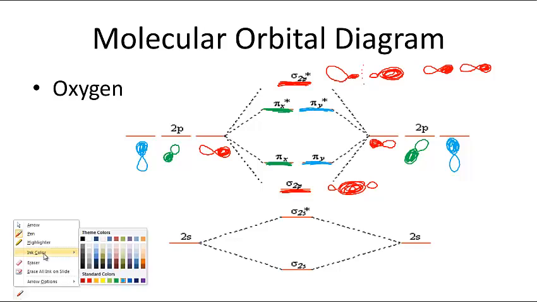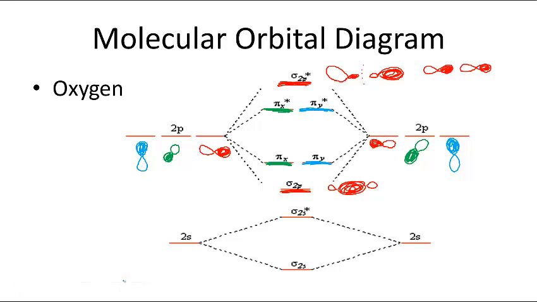So if I just draw what the pi bonding orbital would look like, I'll draw this one. It would look kind of like that, where my two nuclei are here and here. And the way I drew it, it looks a little bit like a smiley face with a hat or bushy hair on top. I don't know. And then the green one would be going into and out of the page.